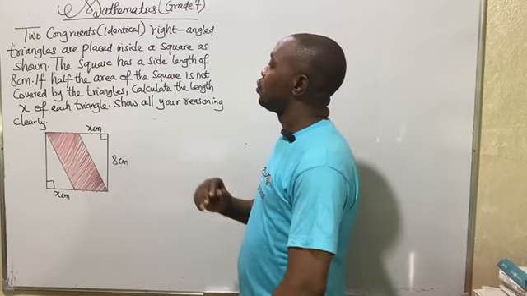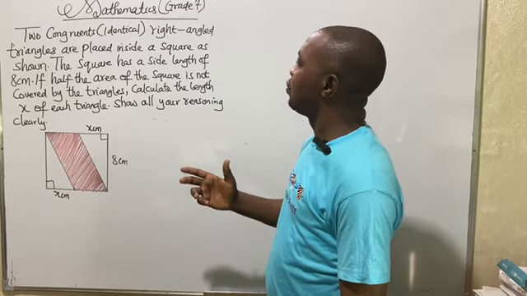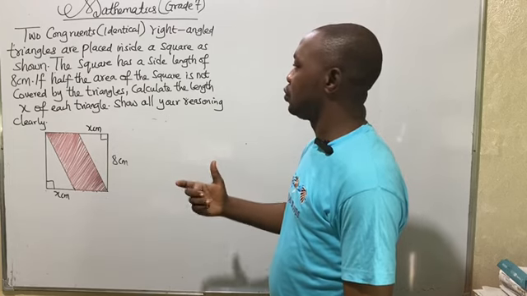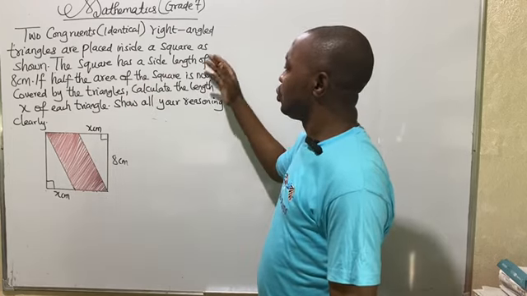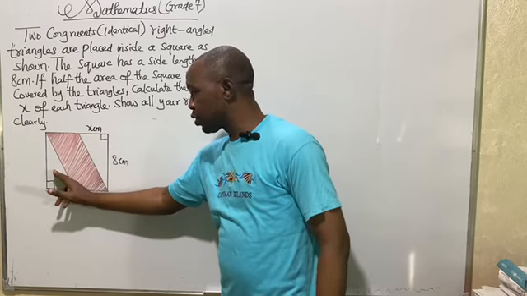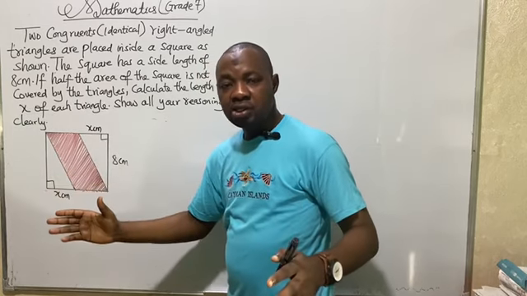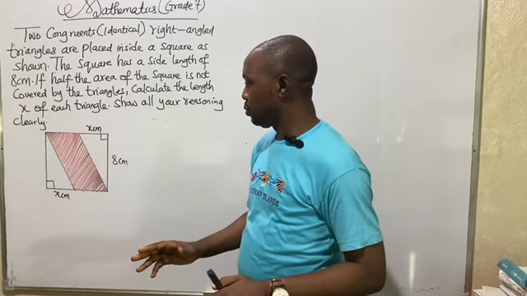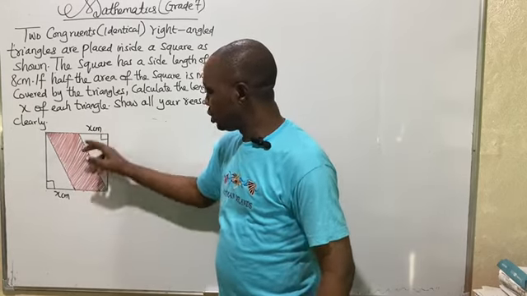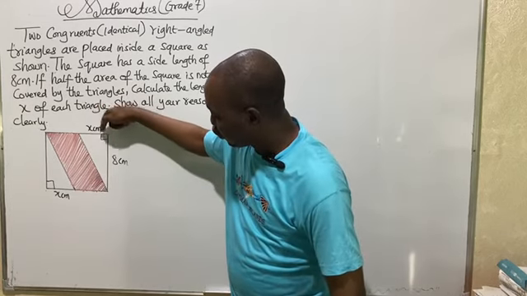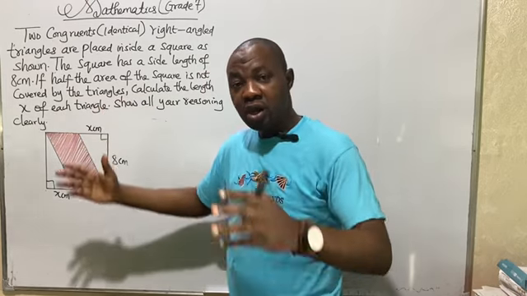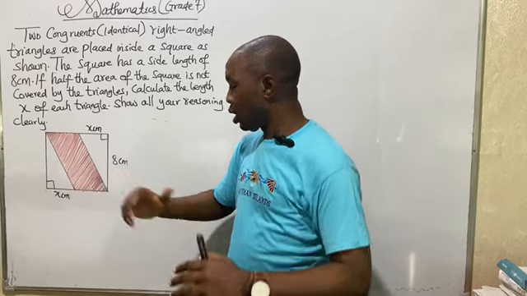All right, so now let's look at the question. Two congruent, identical right angled triangles are placed inside a square. This triangle and this triangle are two identical triangles, that is, they are congruent triangles. This is the base of this triangle, or we can call this the height, it depends on how we look at the picture.